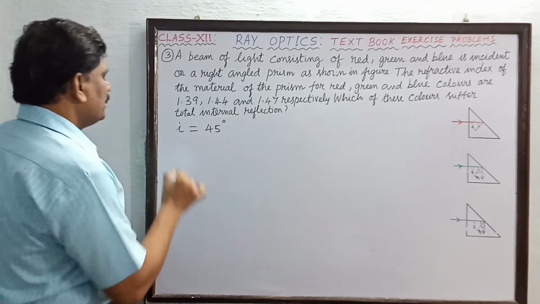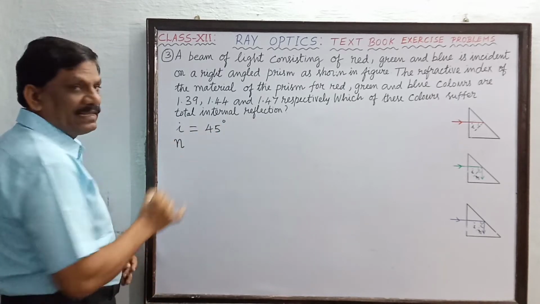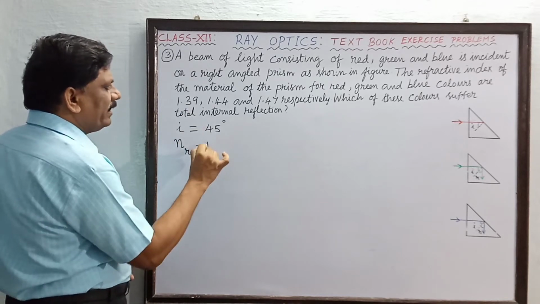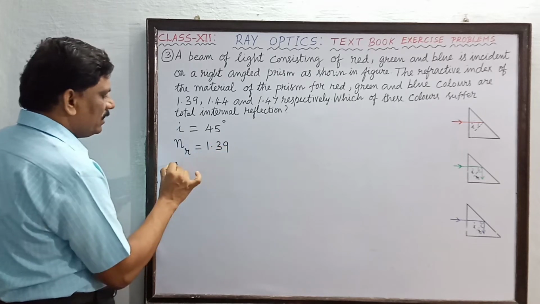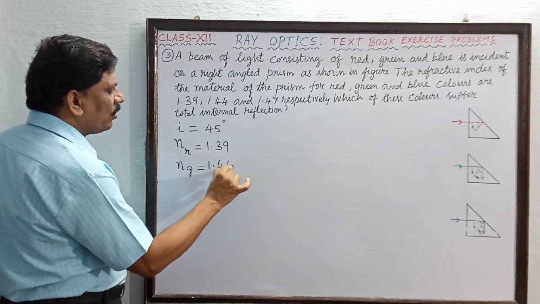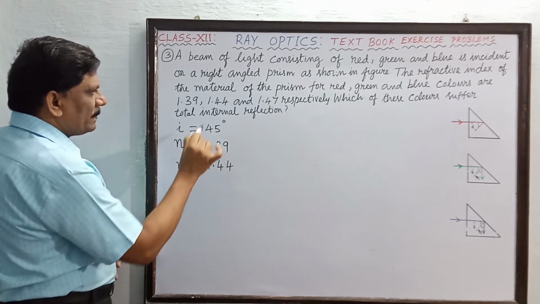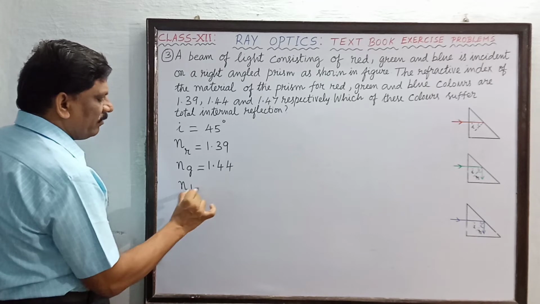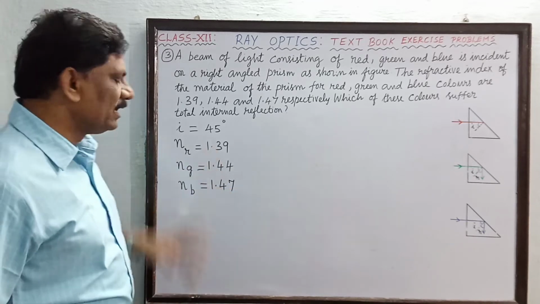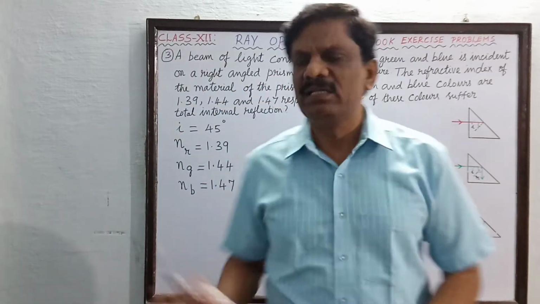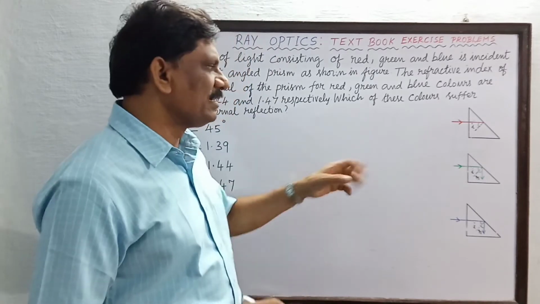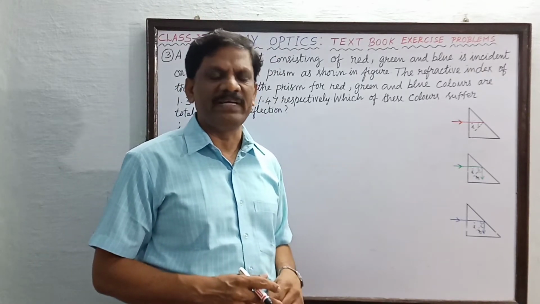Then the refractive index of glass for red color is 1.39, for green color it is 1.44, and for blue color it is 1.47. These are the quantities which are given in the problem. So which of these three colors will suffer total internal reflection, we have to find out.